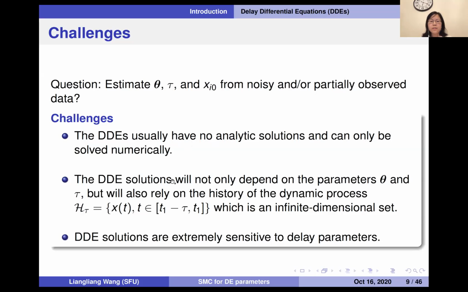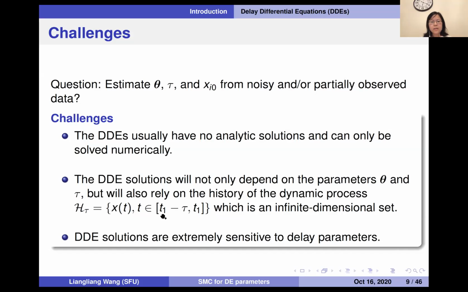Another challenge is that the DDE solutions will not only depend on the parameters theta and tau, but also rely on the history of the dynamic process. So we use h sub tau to denote this process x of t when t is before the first observation time t1.